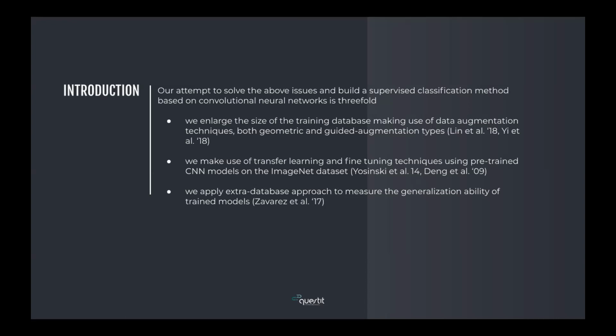We make use of transfer learning and fine-tuning techniques using convolutional neural network models pre-trained on the ImageNet dataset. And we apply the extra-database approach to measure the generalization ability of the trained models, because we are interested in the generalization of our models.